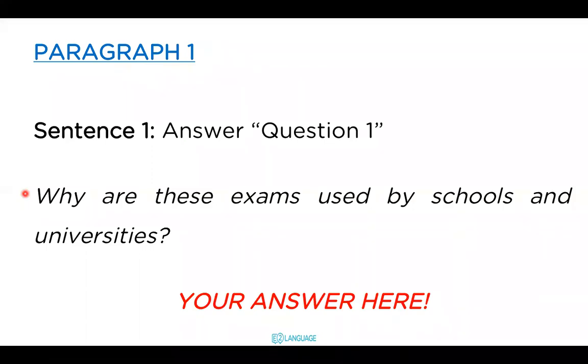It should also link to your introduction. So you're saying the same thing as your introduction, but just in different words, but you're just developing the idea, expanding the idea.